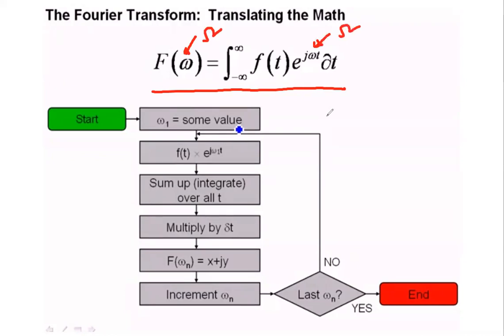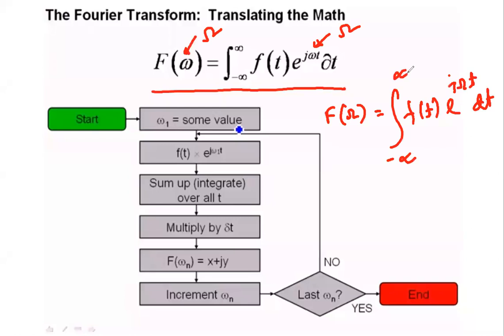So the equation could be written this way: F(omega) is equal to the integral of f(t), that is the signal, times e to the power minus j omega t, dt, from minus infinity to plus infinity. I will explain each and every part of this expression with the graphical representation.